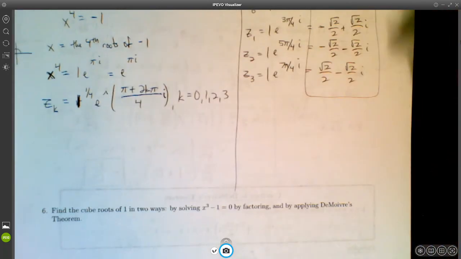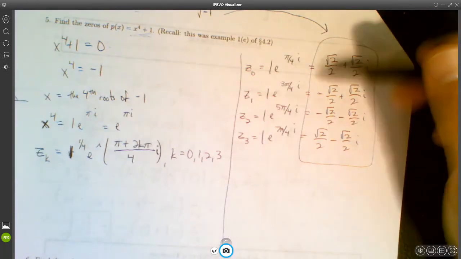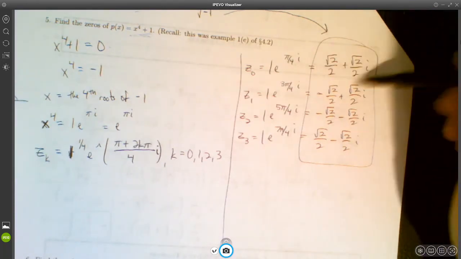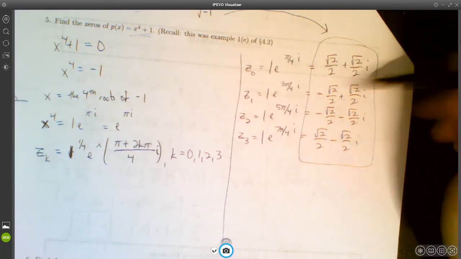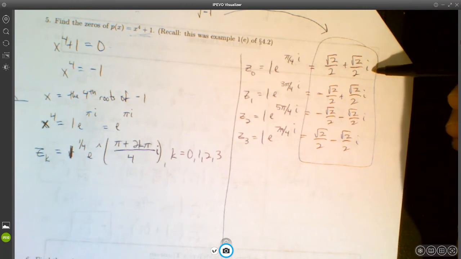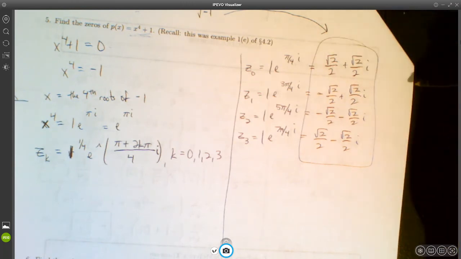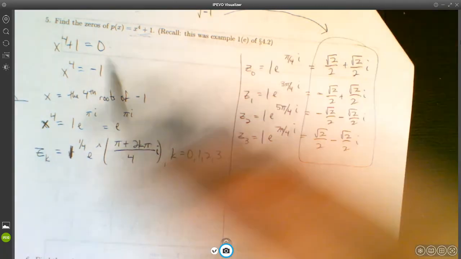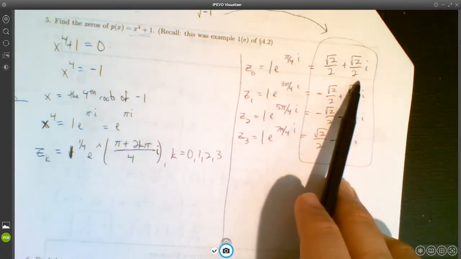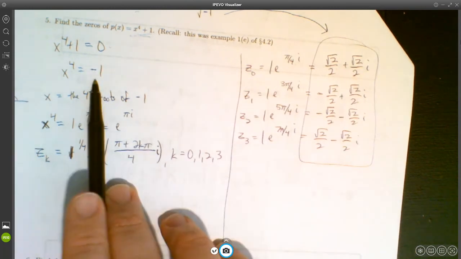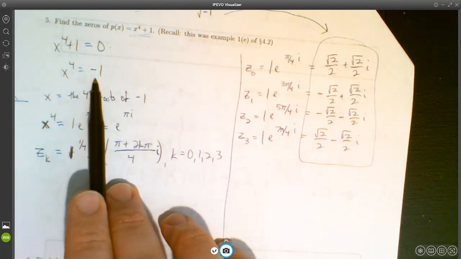By the way, can I come back up here for a second again? What we're saying is that if you were to take root 2 over 2 plus root 2 over 2i, raise it to the 4th power, so you multiply it by itself, FOIL, right? Do that 4 times, you're gonna get -1 as the result of all that.